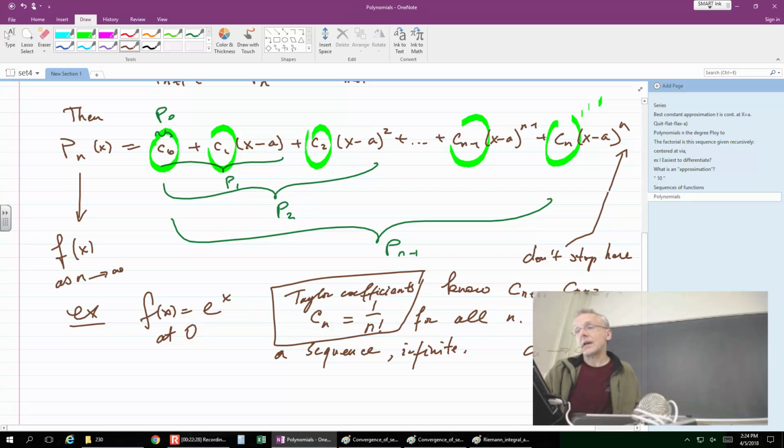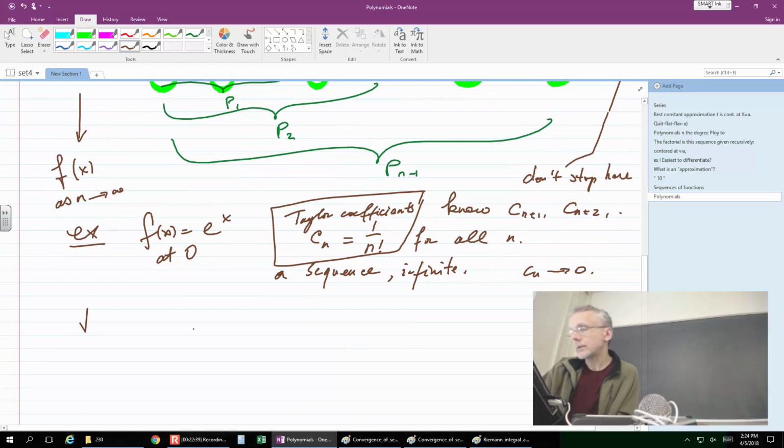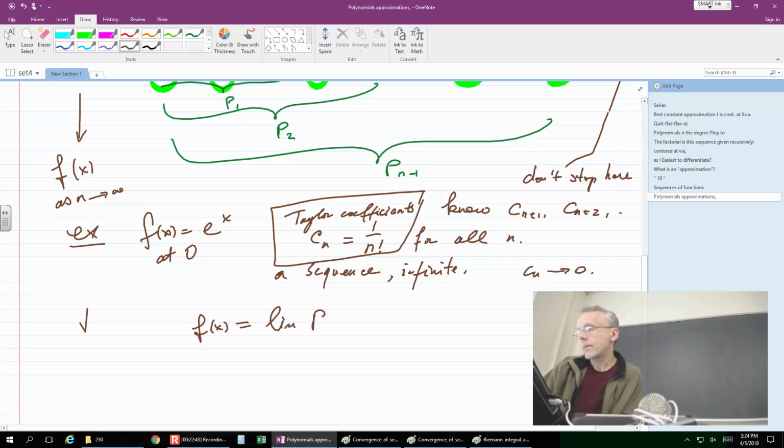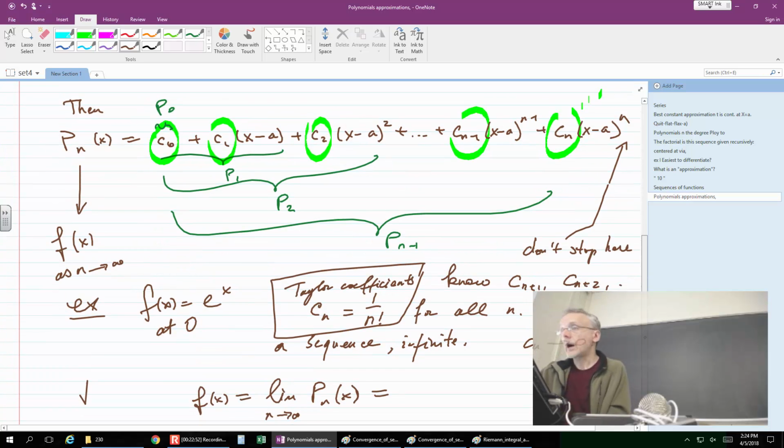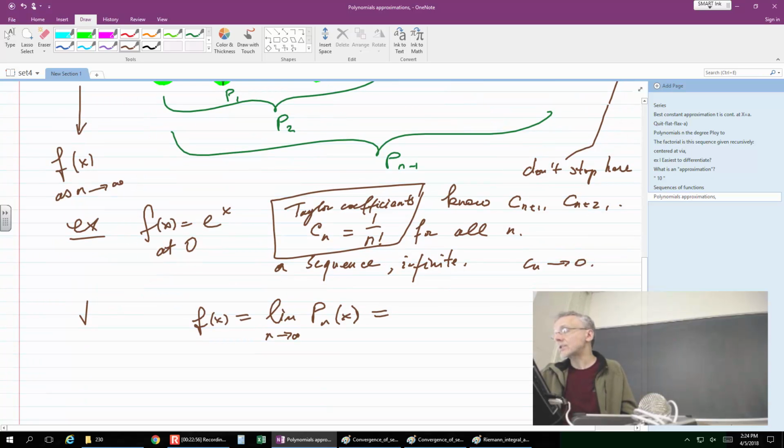So in that sense, what is f? If we understand this as a sequence, f of x is in fact the limit of Pn of x, n goes to infinity. So then, somewhat informally, we could simply take that list over there at the top and say that it's not just converges, it is equal to f.